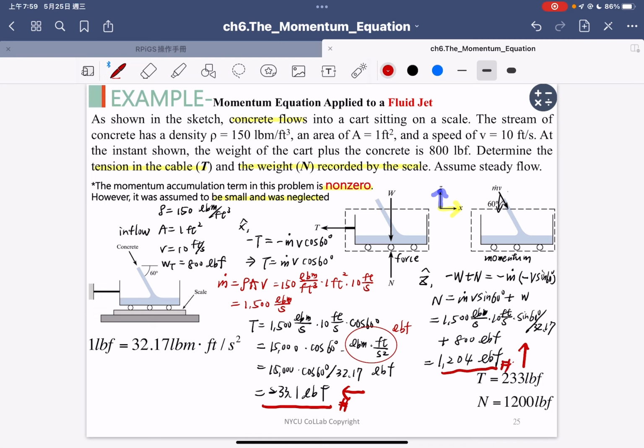So initially you just assume the force directions, and then you get the answer, and based on the answer, you can determine the directions of the force.